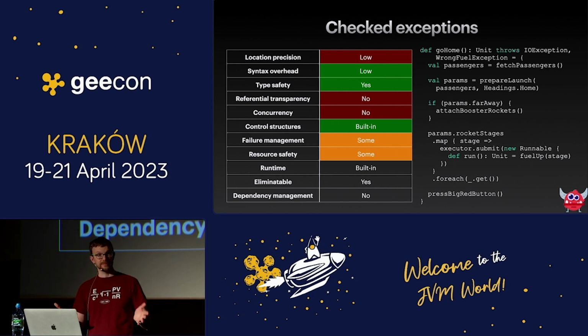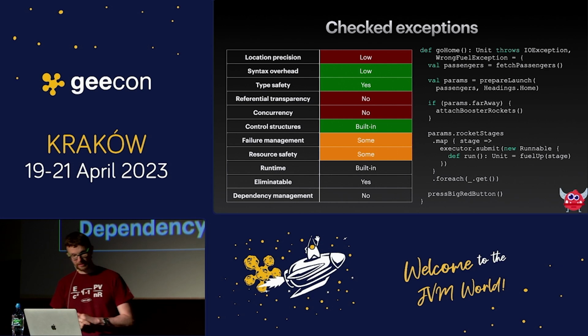The syntax overhead is low. We are just using plain Scala or plain Java, whatever you want to call it. The type safety is high. If we somehow forget a given exception, the compiler will helpfully tell us that it's missing. There's no referential transparency, which we will mention later.